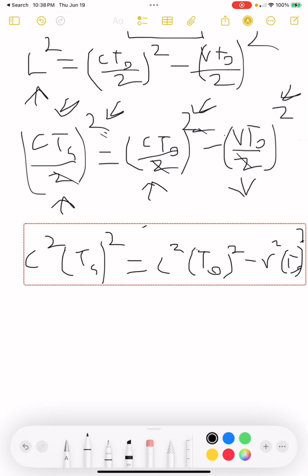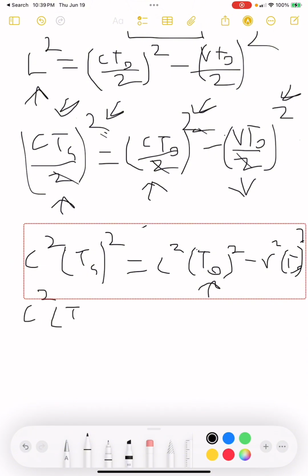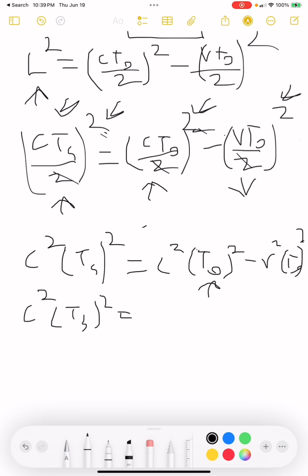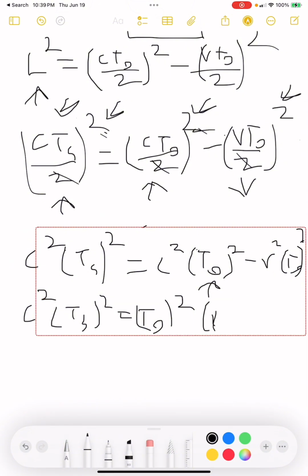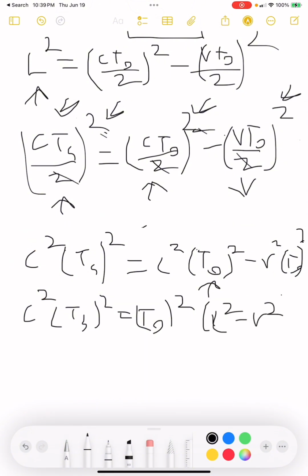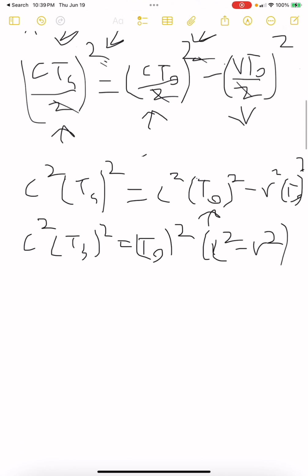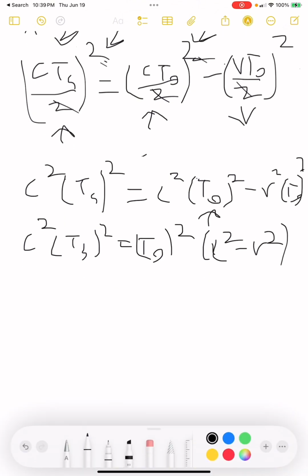We can factor out this t of 0 squared to get that c squared t of s squared is equal to t of 0 squared times (c squared minus v squared). Now we can divide both sides by c squared here. I like that approach.